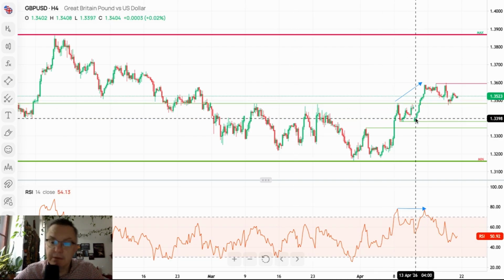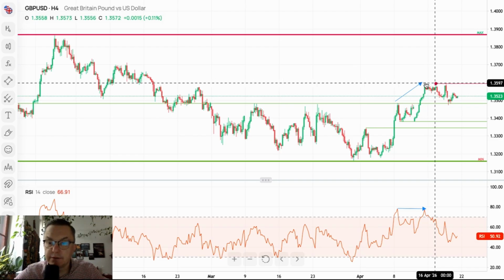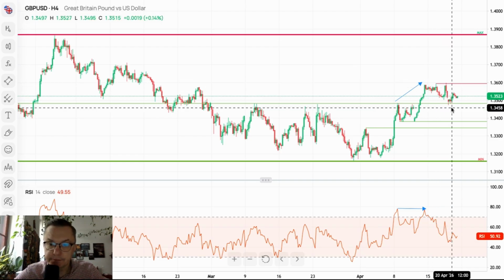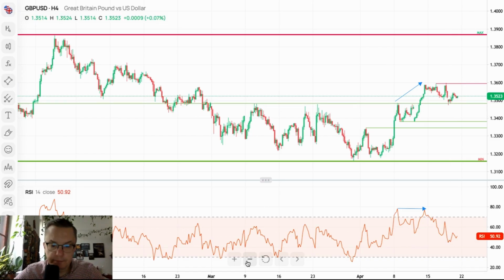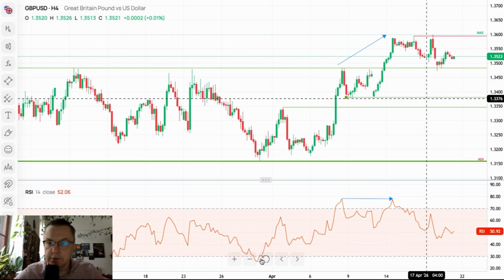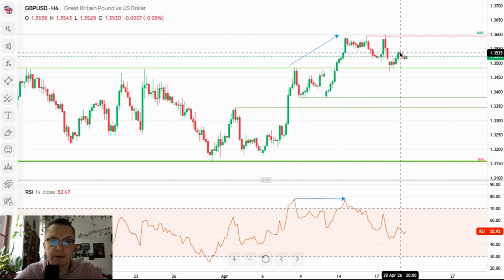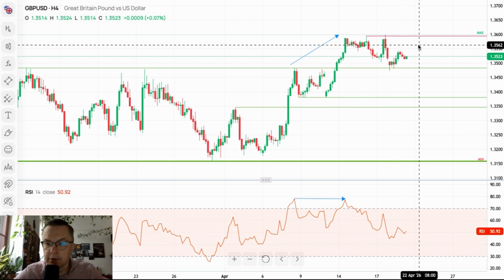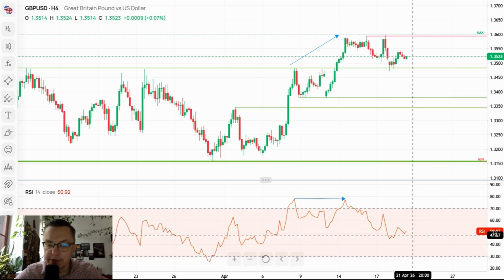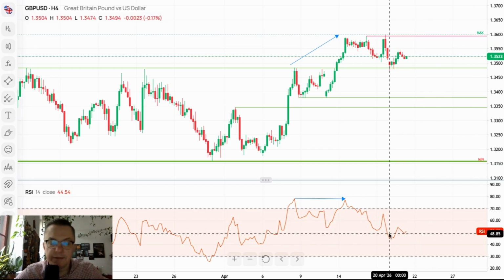Then there was a gap down, big movement to the upside, breakout, new swing high, and then we reversed lower towards the technical support, and then the local level at 1.3543 provided the local resistance. So right now 50.92, definitely a neutral situation here on the British pound.